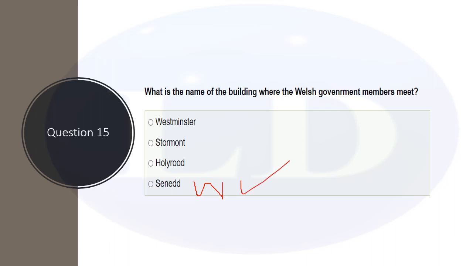So that is the correct answer. Westminster is England, or simply the British Parliament. Stormont is Northern Ireland, Holyrood is Scotland. So you remember that. This is a very important question in which you can learn three or four more questions. These are the places where these government and assembly buildings are.